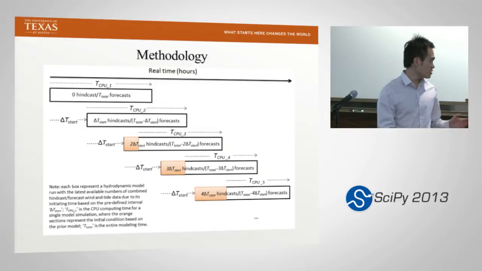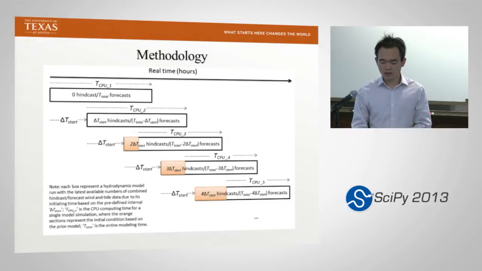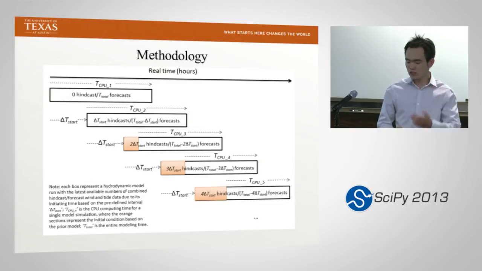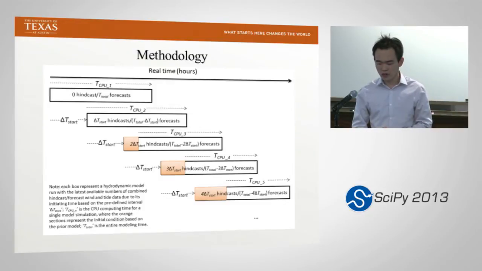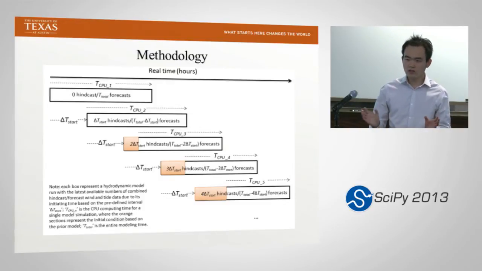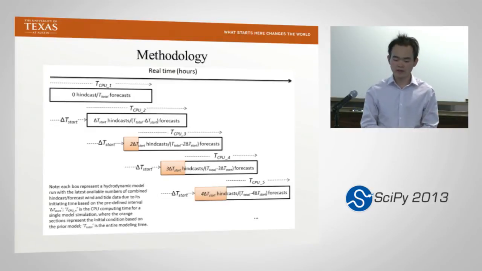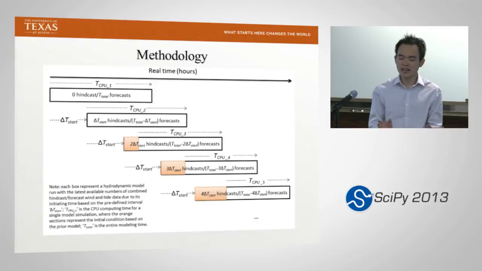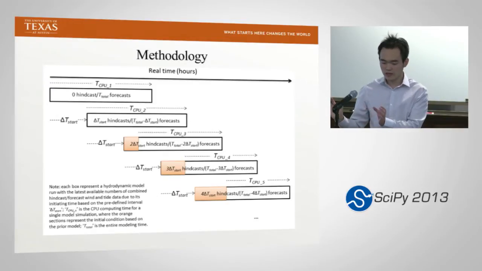And then after another delta t start time, the third run starts with the latest available hindcast and forecast data. So this system is just like a sequence, and it goes on until the last run finishes. And obviously, the differences between these multiple models can provide us some insight into how the errors, or we can say the uncertainty, will finally transfer to the end, I mean the OSPU prediction, right?